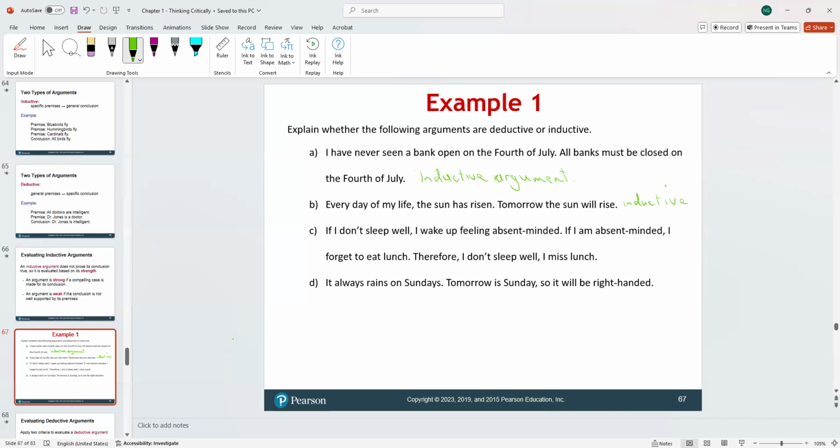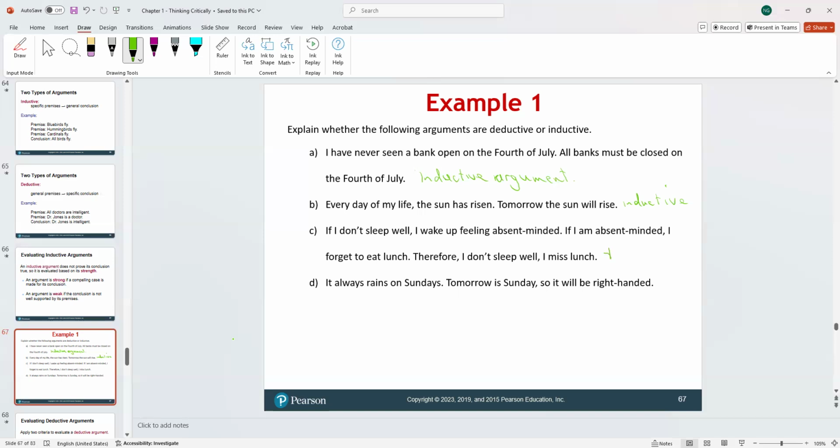So that's more something like deductive. Okay, so I think we're going to go with deductive. That would be a deductive argument because a specific conclusion is deduced from more general premises.